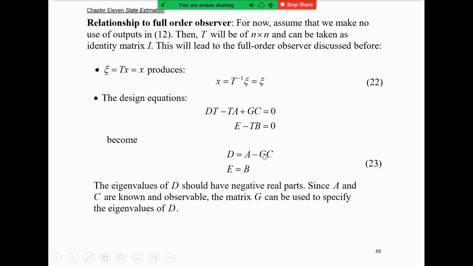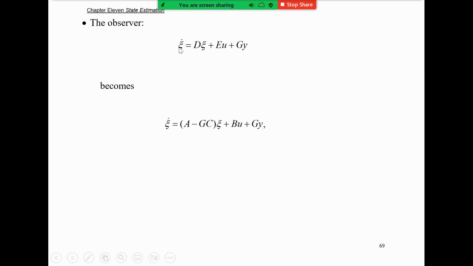But remember, of course, originally we use L. This G corresponds to L in the full order observer. Can you see that, right? If we assume that T is the identity matrix, this reduced order observer actually becomes this observer, and this is the full order observer, right? Where actually G corresponds to L if we use our original notation.